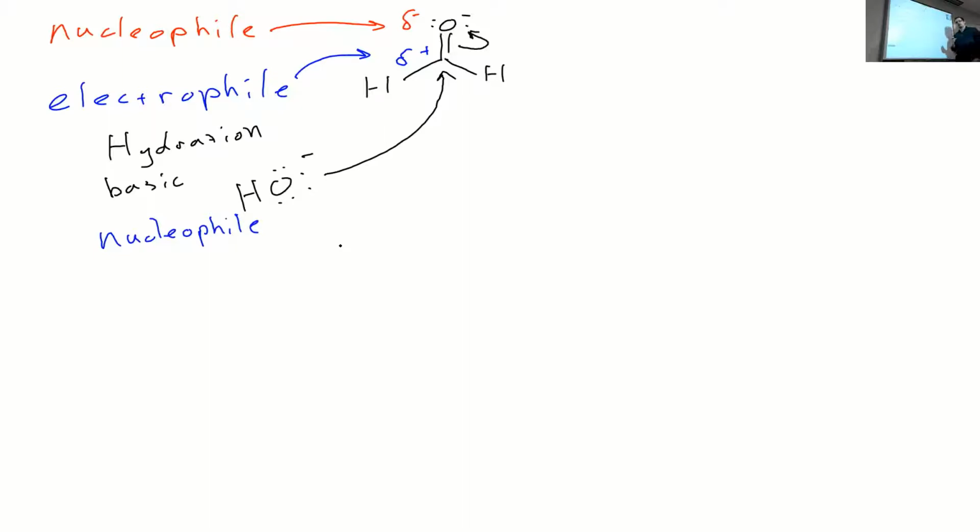This is very similar to our carbonyl attack that we saw with our Grignard reagents reacting with carbonyls. After we attack, we'll then have our alkoxide forming. So we add on the OH from our hydroxide, and we form our alkoxide there.